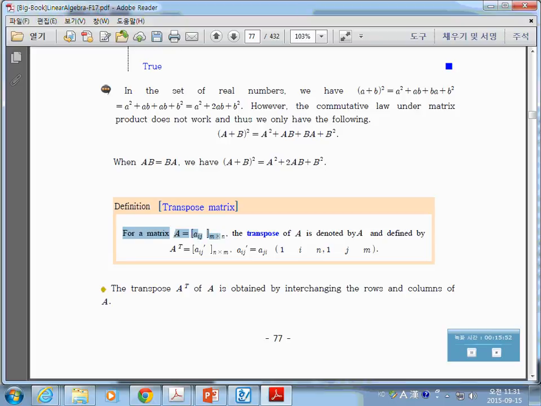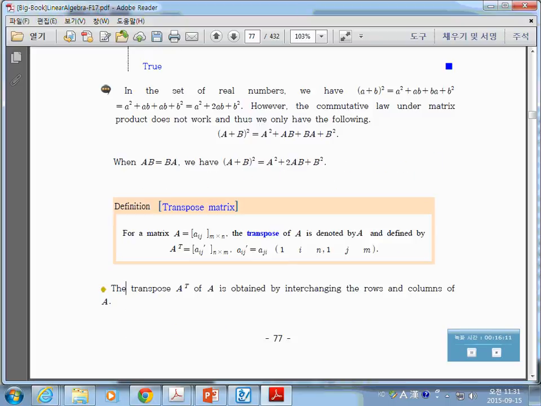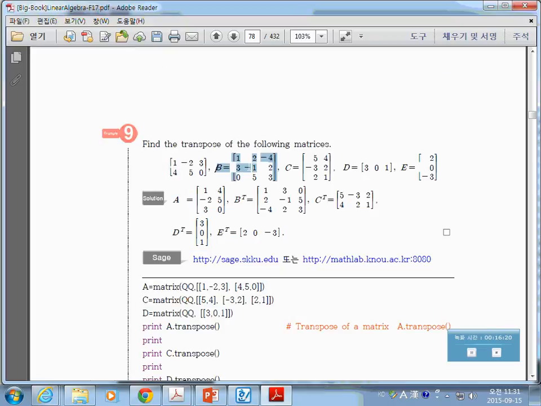Transpose. For a matrix A, the transpose of A is denoted by A transpose here and defined this way. The ij-th entry of A transpose is the same as the ji entry from the matrix A. So the transpose is obtained by interchanging the rows and columns of matrix A. Suppose B is like this, then what is B transpose?